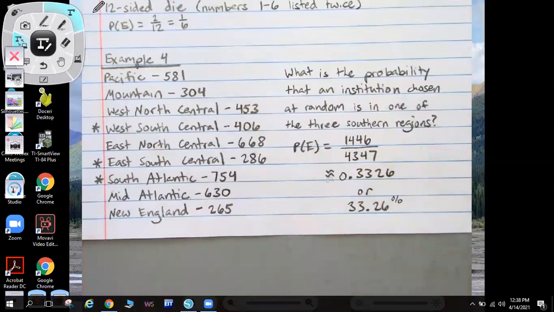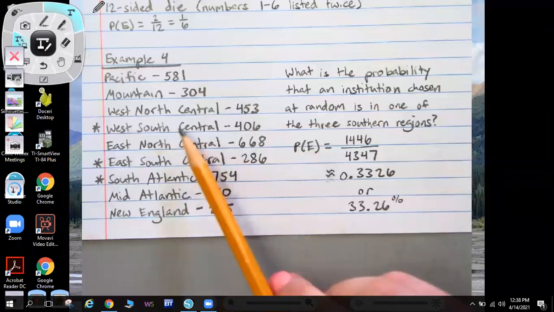So if you were to list out all of the colleges and universities in the country and pick one at random, you have a 33.26% chance that that college or university is in the South, the 3 southern regions.